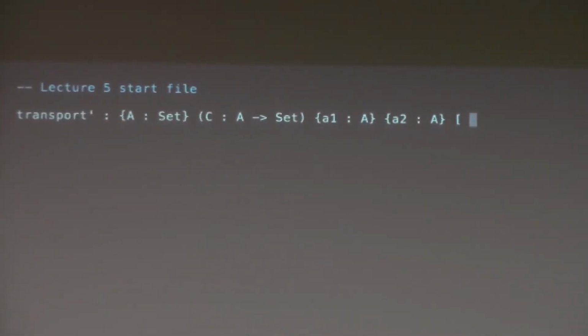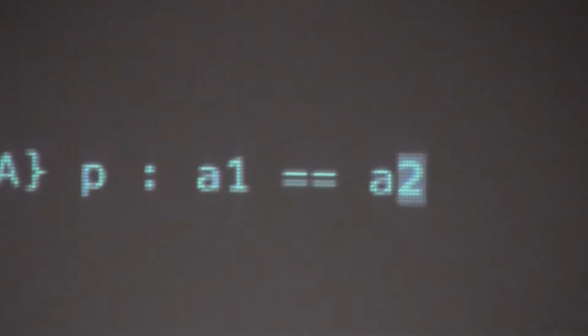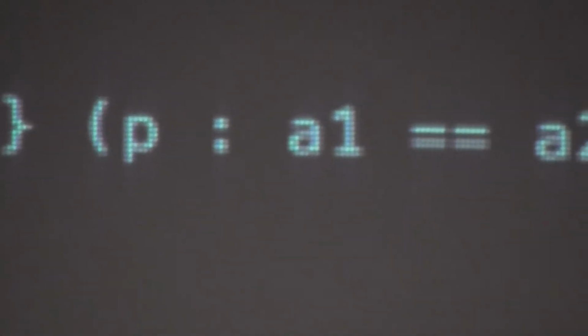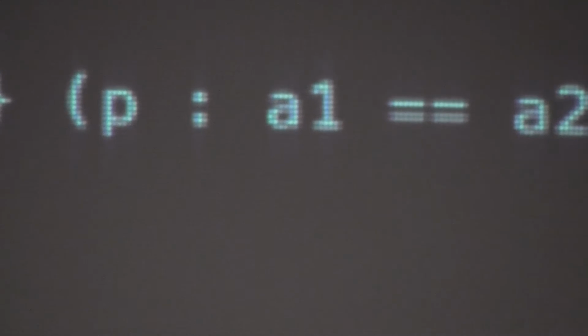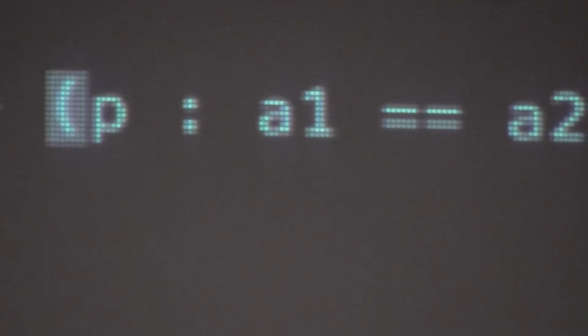And now let's take a proof P that A1 equals A2. And what transport will do is it will say, if you know that A1 equals A2, then we'll get a coercion function from C of A1 to C of A2.